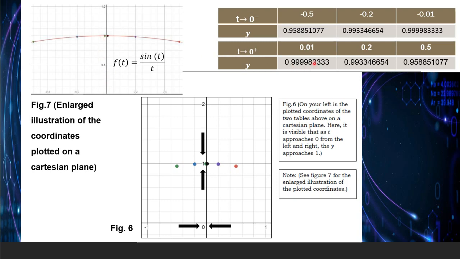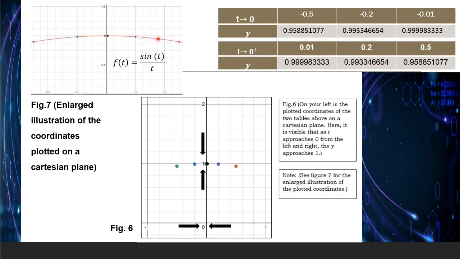Okay, in the second table we have 0.01 here and 0.99833 here, and 0.2 and 0.993346654, this one. Okay, and 0.5 rather, and 0.958851077.